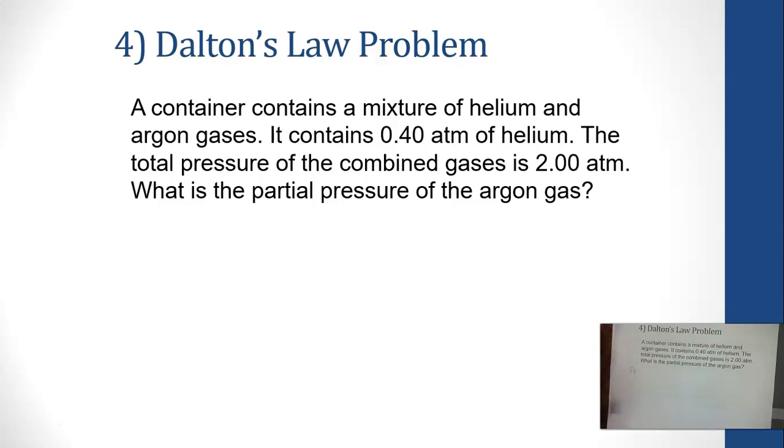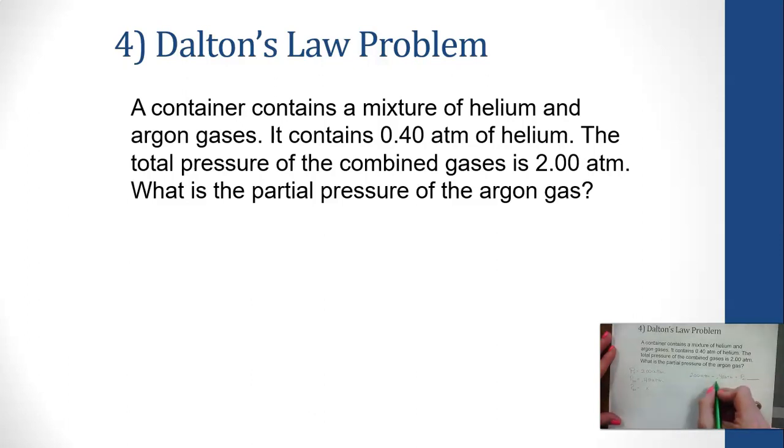So my total pressure, it says, is 2 atmospheres. I've got some helium, so my pressure of helium is 0.4 atmospheres. And I'm looking for the pressure of argon. So 2.00 atmospheres is my total. 0.40 atmospheres plus the pressure of argon, whatever that is.